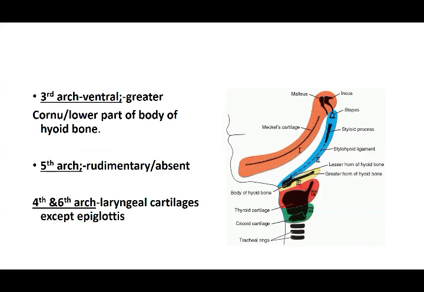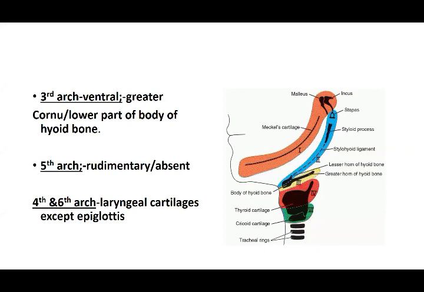Fifth arch, fourth and sixth, they are very small. They are just going to give rise to the laryngeal cartilages, except the epiglottis, and the tracheal ring. If you see in this sixth one, fifth is rudimentary and it is mostly absent. So from the third on, we go on to the fourth and the sixth, they are going to give rise to the cartilage. Because underneath this hyoid bone, you start the larynx, and this larynx is the upper part of the trachea, and this is going to be forming the laryngeal cartilages.